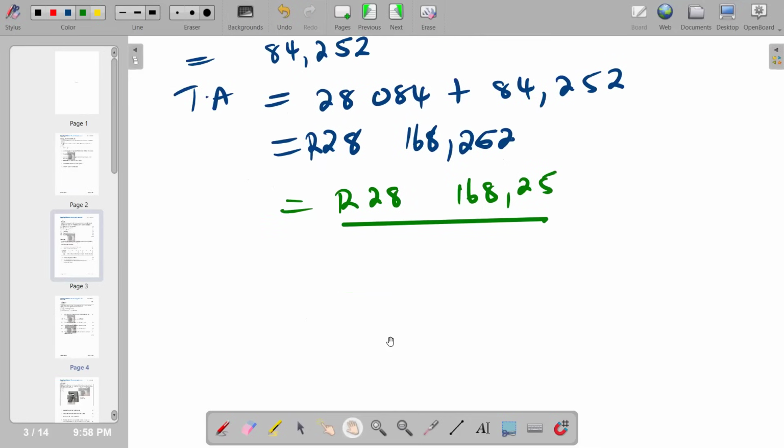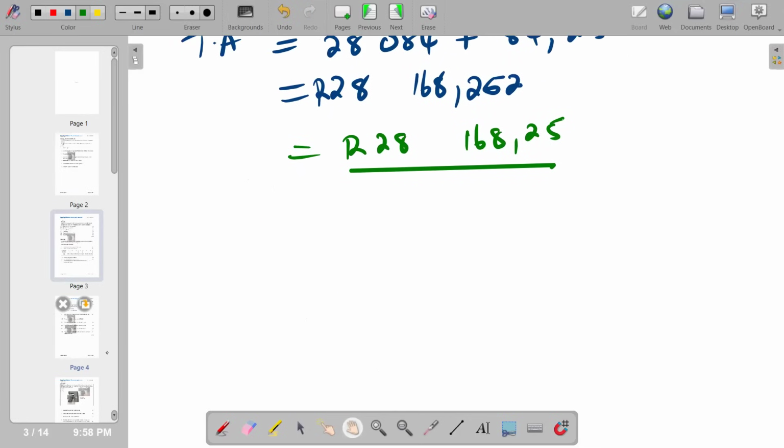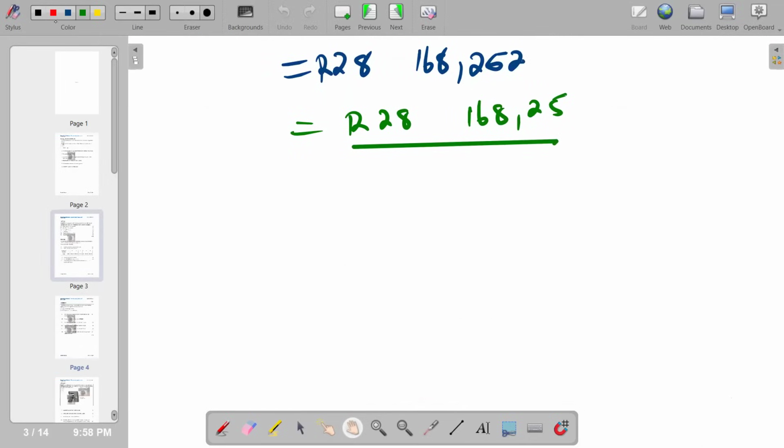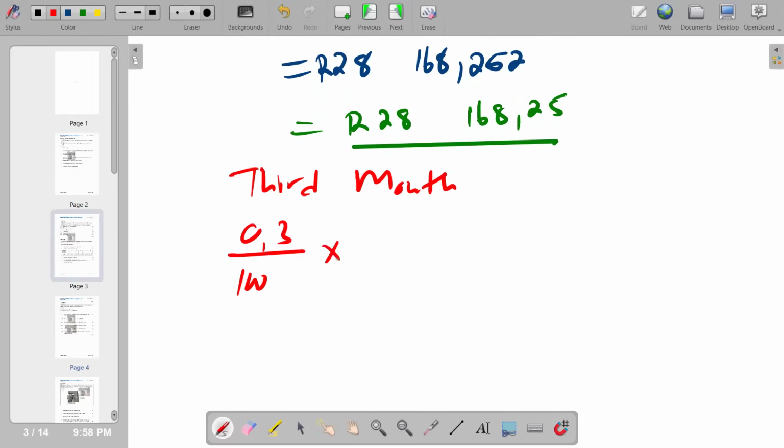So we move on to the next question, which reads, calculate the amount in the account after the third month. So third month, we'll do the same. For the third month, still 0.3%, which is 0.3 over 100. And now we multiply by the principal, the total amount for the previous month, which is our principal for the third month. So it becomes times 28,168 rands 25 cents, and of course we divide by 1.